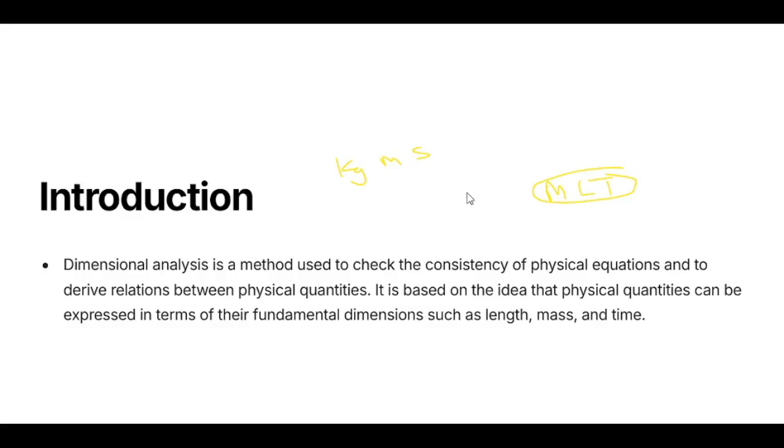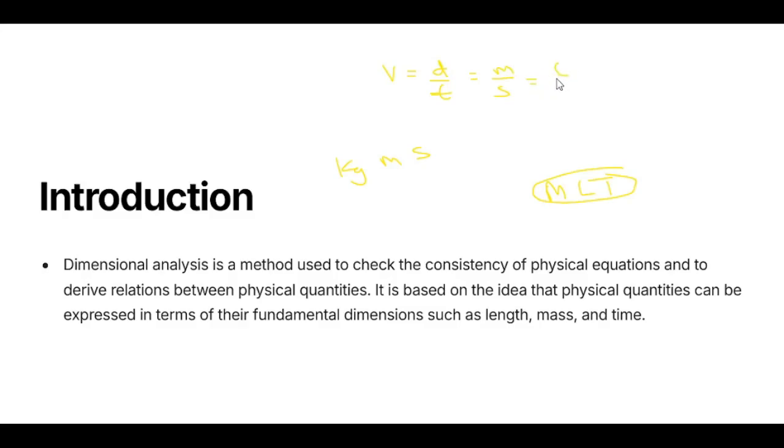When you are given an expression, say velocity, velocity equals distance over time. In terms of units, it's meters over second, that's meters per second. But in terms of dimension, you need to change meters to its fundamental expression. Instead of meter, you'll have length, because meter is a measure of length.